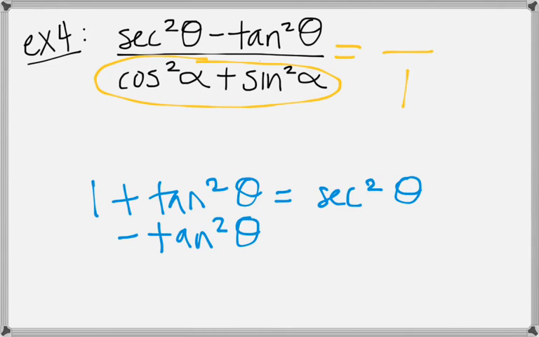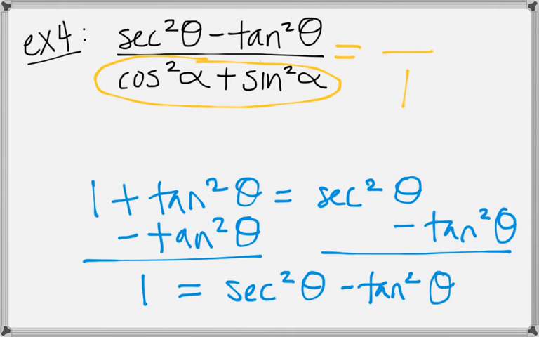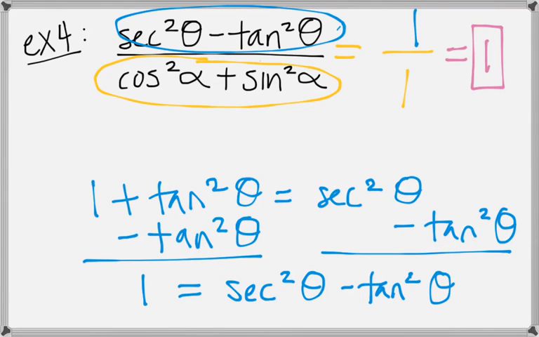If you missed what he was saying there, we're trying to get secant squared minus tangent squared, and we can do that by subtracting in our Pythagorean identity that we wrote down. 1 equals the secant squared of theta minus the tangent squared of theta. So we just replace in our expression up here all of that with a 1. And like I said, easiest one we've done so far. But you got to know your Pythagorean identities.